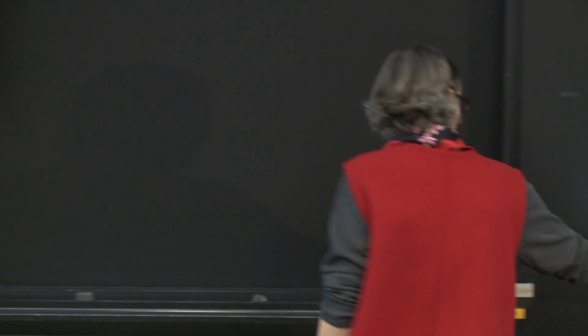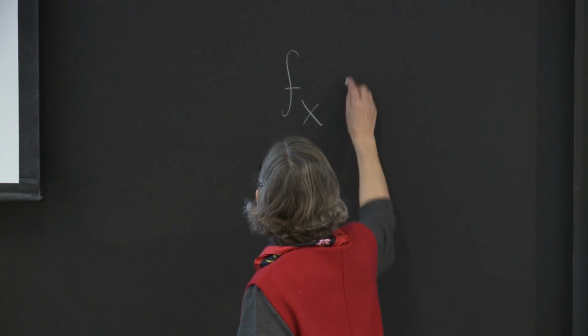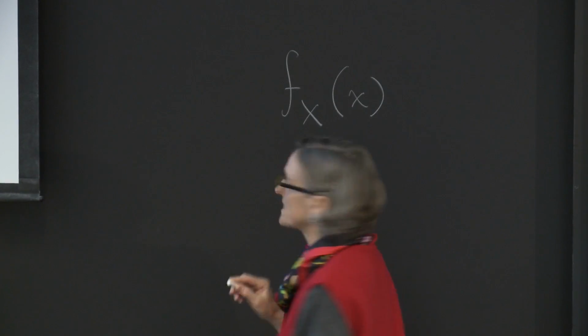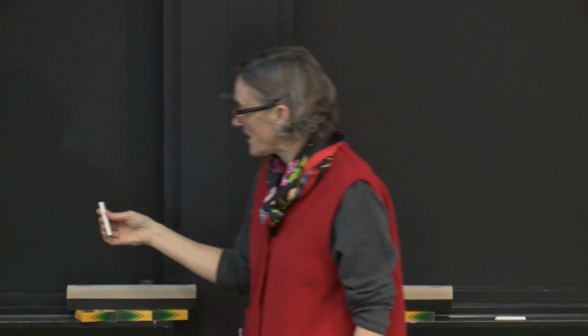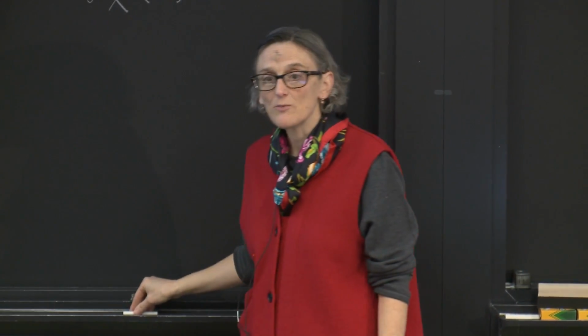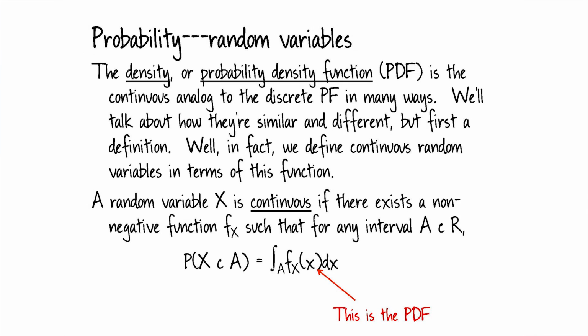And so that's why we use the same f sub x of little x notation. Okay? So we use the same notation for both the discrete probability function and the continuous probability density function. Okay? Oh, and yes, that's the PDF, the F.